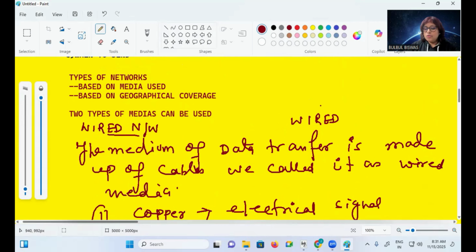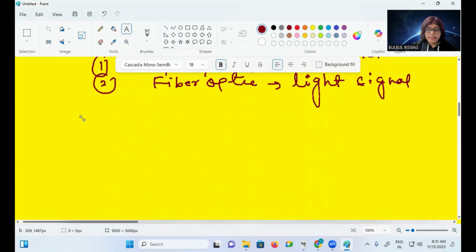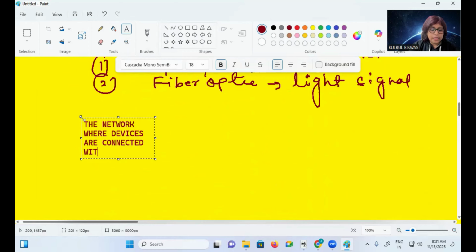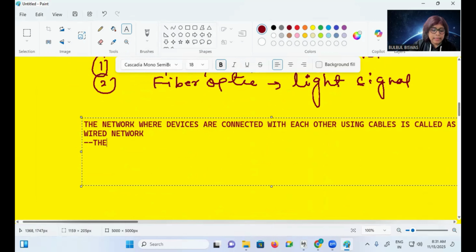And when we are using no cable, it is a wireless network. If someone asks what a wired network is, we can say it is a network where devices are connected with each other using cables, and the cables are made up of either copper or fiber.